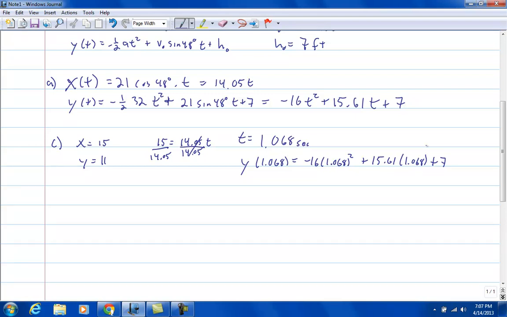Plus 15.61 times 1.068 plus 7. And that means that this comes out to be 5.42 feet. That's the height.